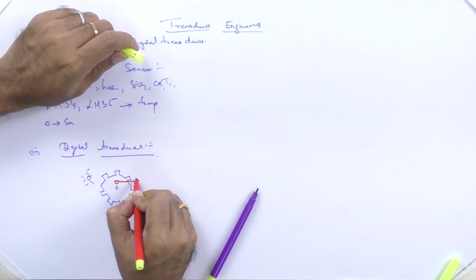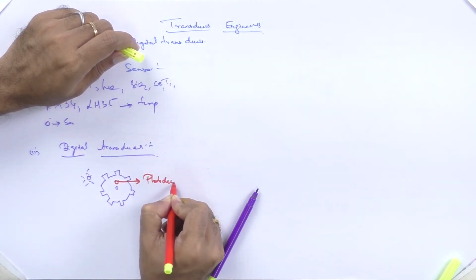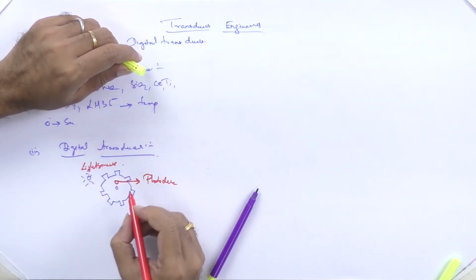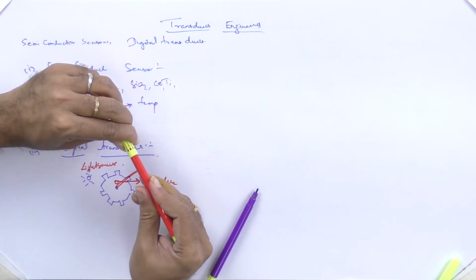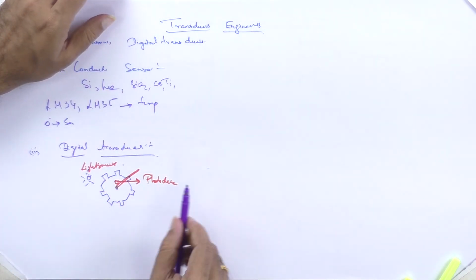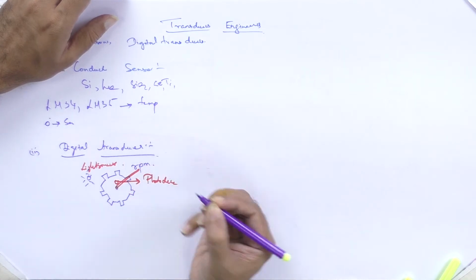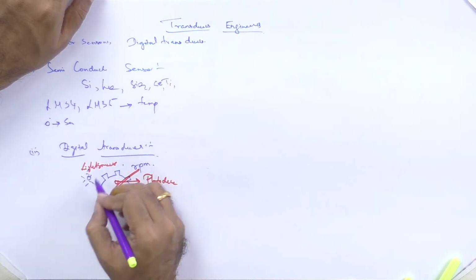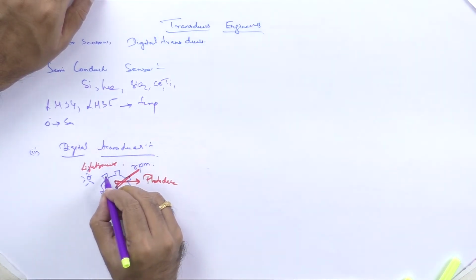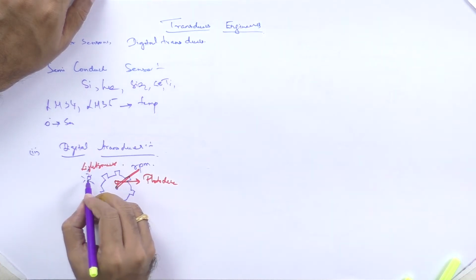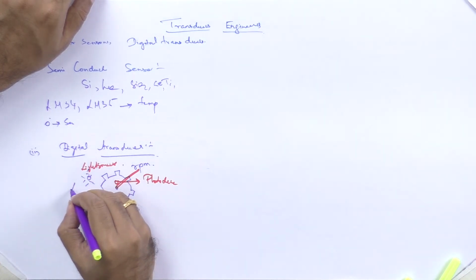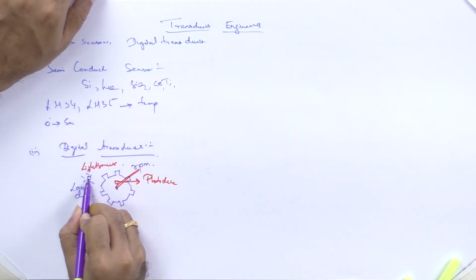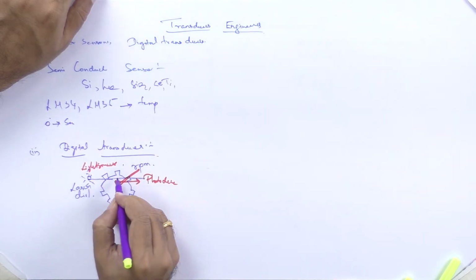This is a photo detector, this is a light source, and this is connected to the shaft of a motor which is rotating at some RPM. Now when the rotation is happening, the tooth will cut the light source. Let's imagine this light source is a laser diode. So exactly there will be a ray of light going and hitting the photodiode.